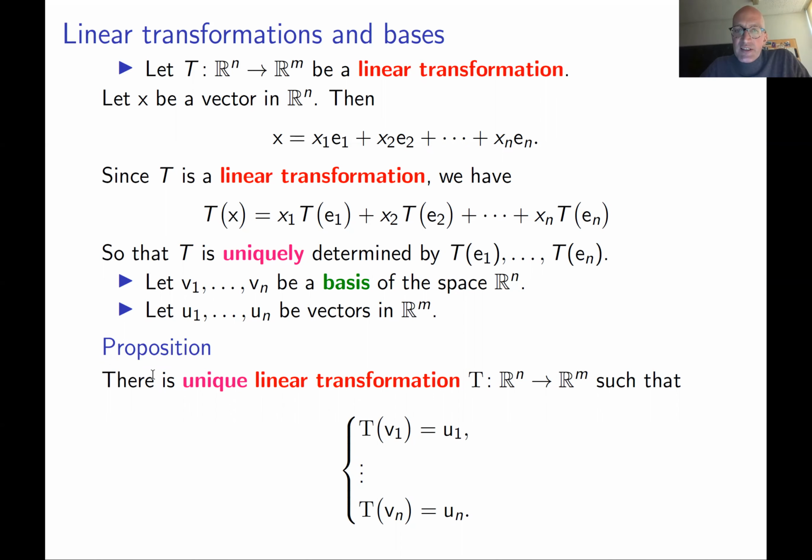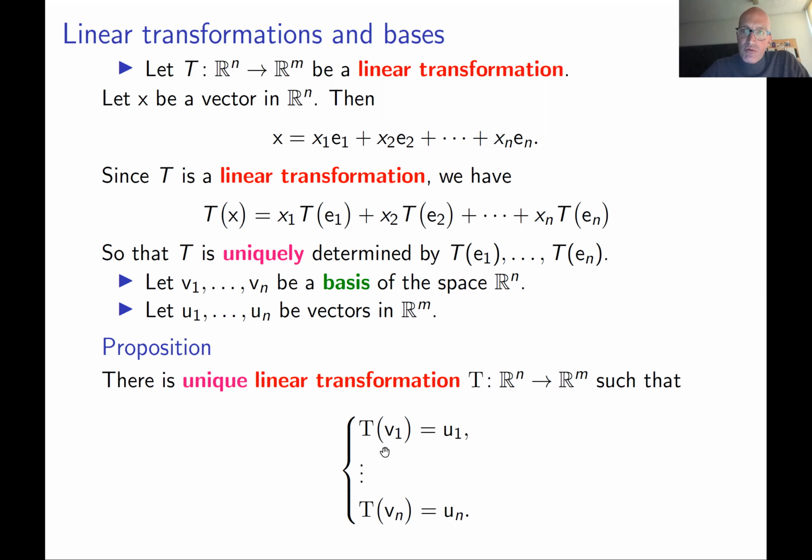First of all, there exists a linear transformation T from Rn to Rm such that v1 is mapped to u1, v2 is mapped to u2, and vn is mapped to un by T. And the second, that this linear transformation is unique.